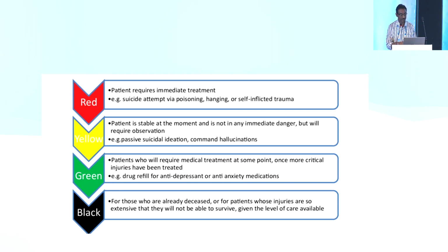In triaging, the staff has to be aware of the patients who require immediate treatment, the patients who are stable at that moment and not in any immediate danger, patients who will require medical treatment at some point once critical injuries have been treated, and those who are already deceased.